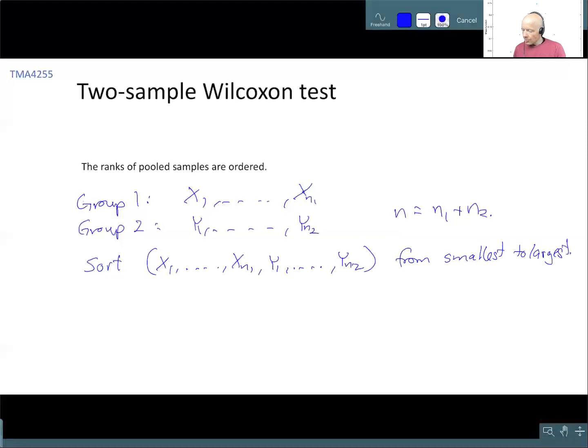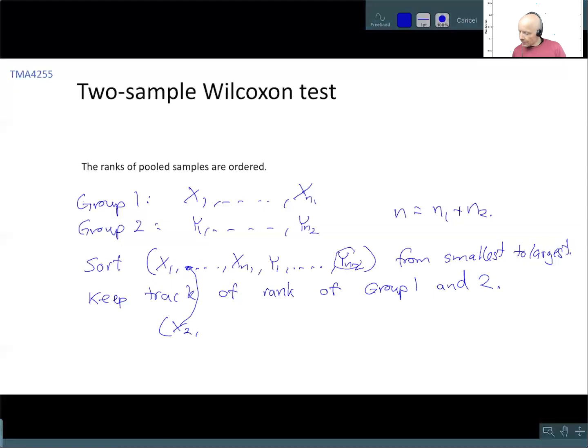And in doing so, we keep track of the rank of group 1 and 2. So as an example here, we could say, okay, which one is smaller here? Maybe we get, okay, this one is the smallest, x2, and what's the second in line?